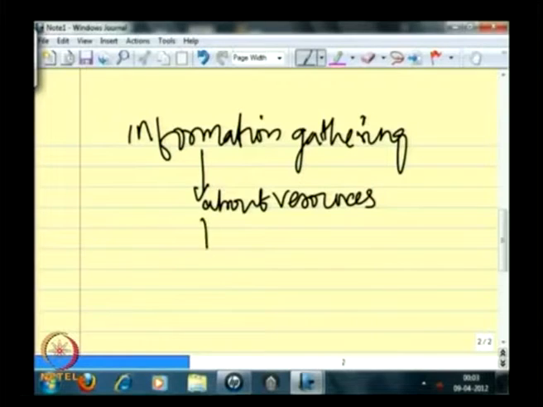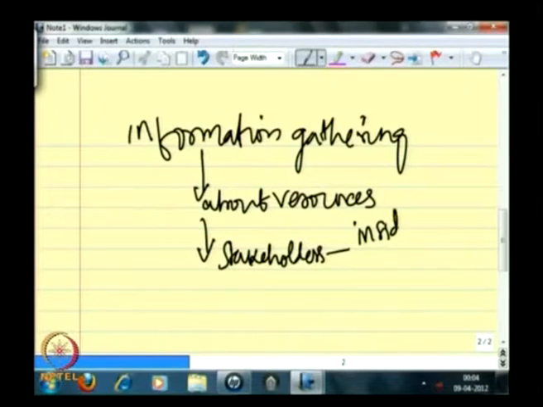And who is going to use this information? It could be the stakeholders. By stakeholders, it means both parties, inside as well as outside the business organization. So, when we are going to capture this information, we need a system that provides it.